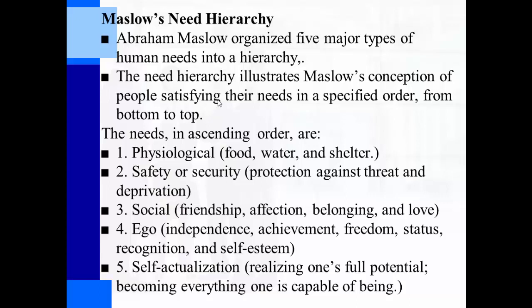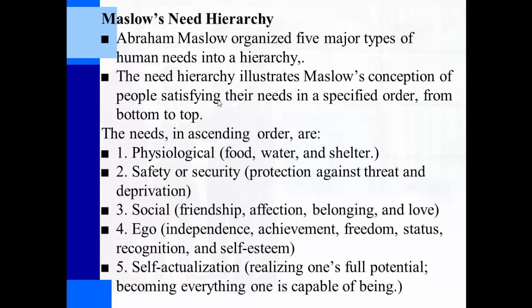After the physiological needs, the next type are safety or security needs, that is, protection against threat and deprivation. Then the third type are social needs. Human beings need friendship, affection, belonging, and love.